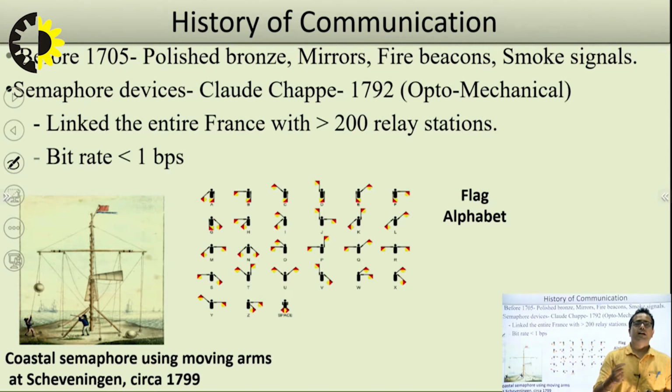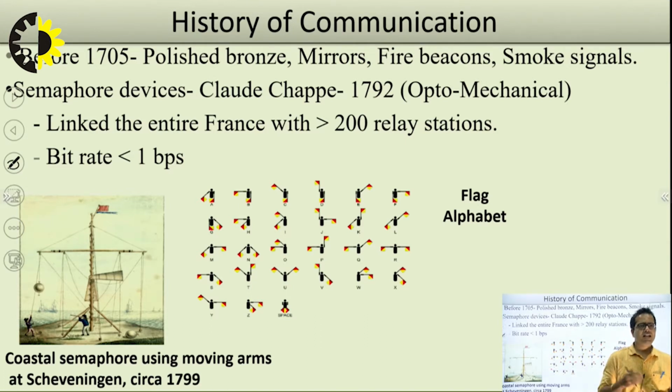In that, various color flames were used to indicate different kinds of information. Apart from that, we also have smoke signals, various kinds of smoke signals that were used in the age of 1705.